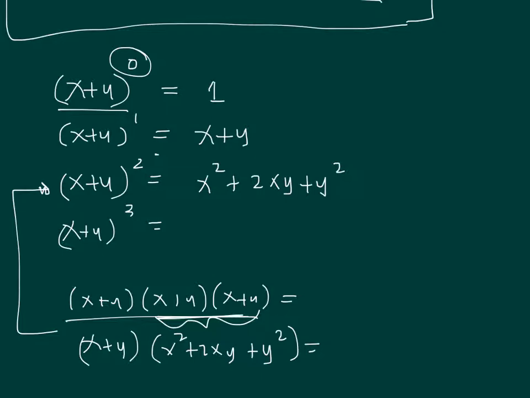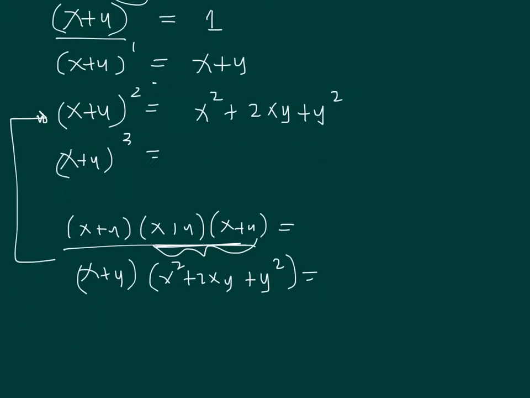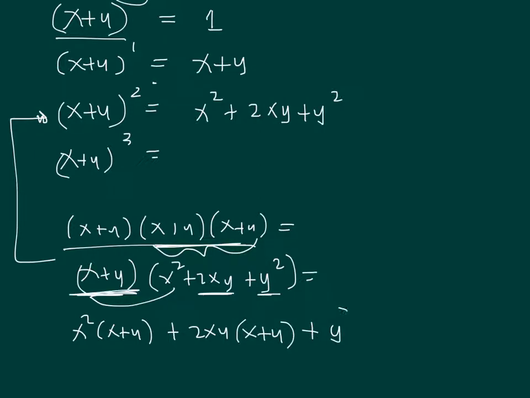So as you can see, even as low as cube, it is taking us some time to expand the expression. Okay, but let's finish this. So x plus y gets multiplied to x squared, so you have x squared times x plus y plus 2xy times x plus y, and then finally y squared times x plus y.